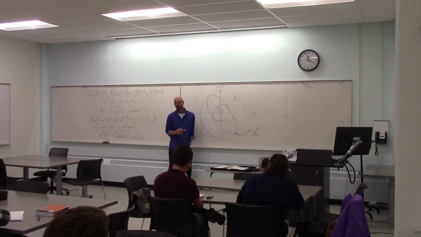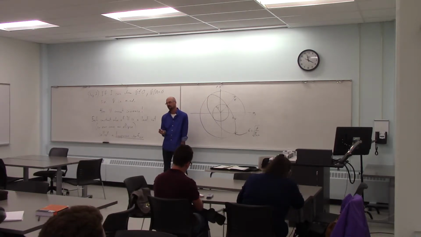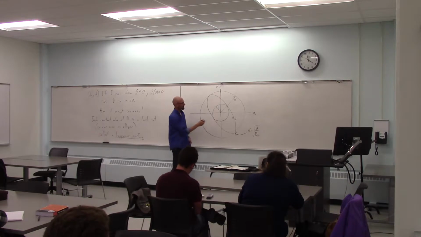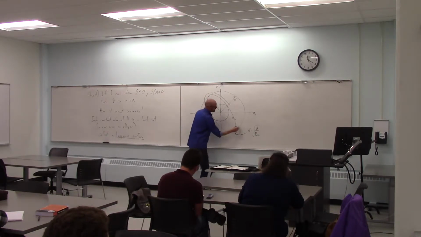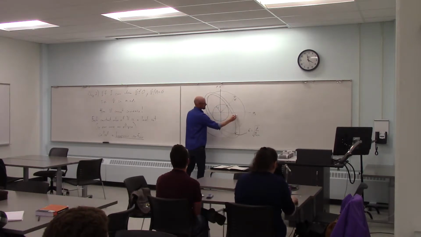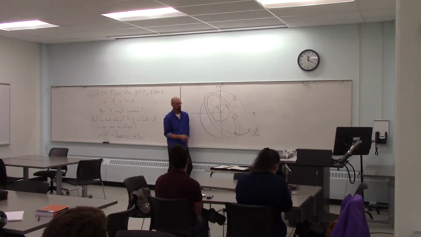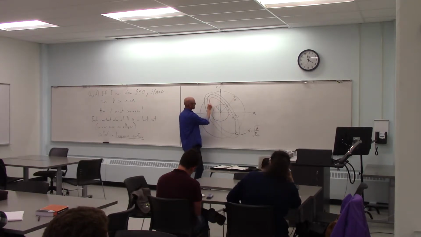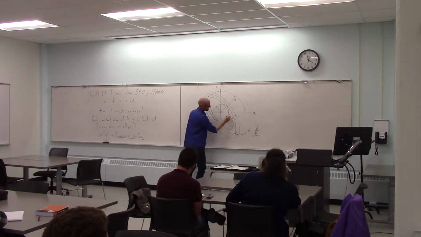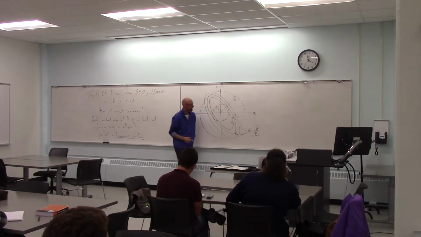But if I had a bigger number for v, my ellipse would actually be bigger. So if I had something like this, that might be like v equals 3. Whereas if I had a smaller value, this might be like v equals 1.